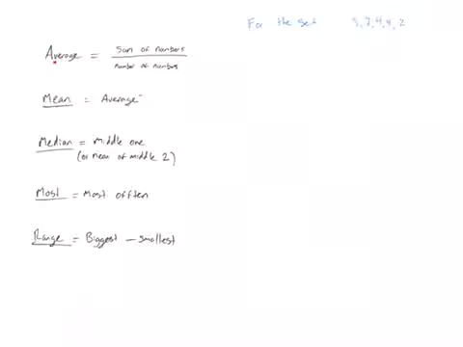Now, when we normally talk about average, what you've learned so far, you always think about a list of numbers, maybe like this one, and you add up all those numbers and you divide by how many numbers there are.